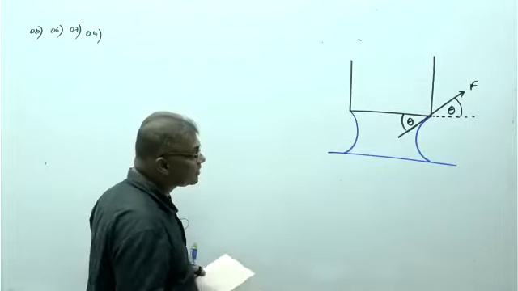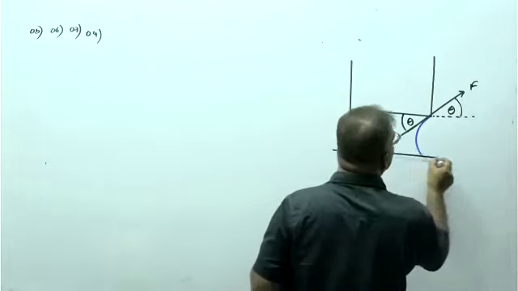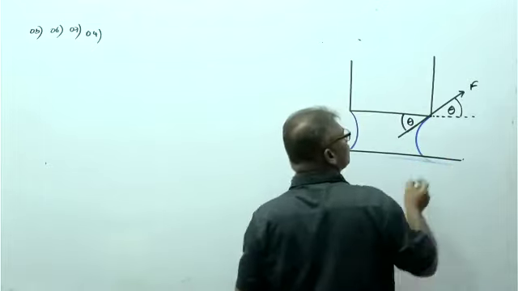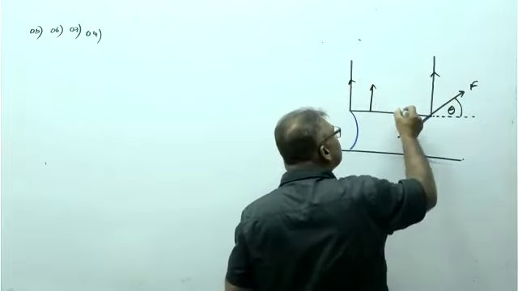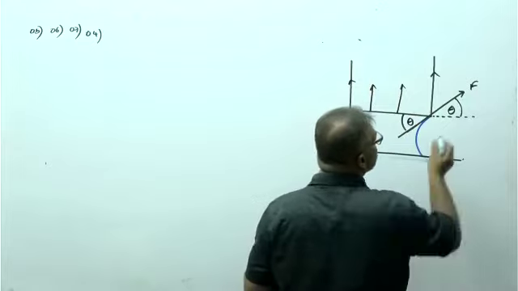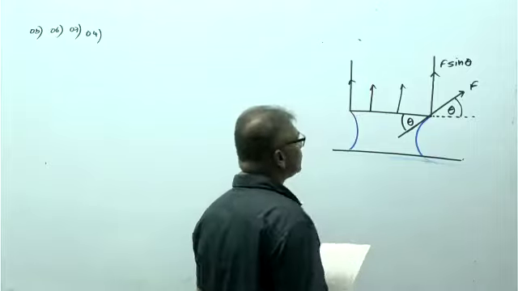As the weight falls downward, the surface tension acts in this way. So we have to consider the force towards this side throughout the entire bottom surface, no? So what is known is F sin theta.